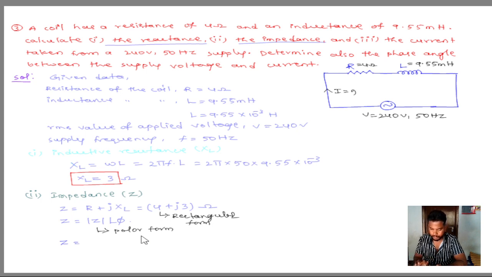X value is 4, then y value is 3. Then I am getting the magnitude of impedance is 5 at an angle 36.86 degrees ohms.